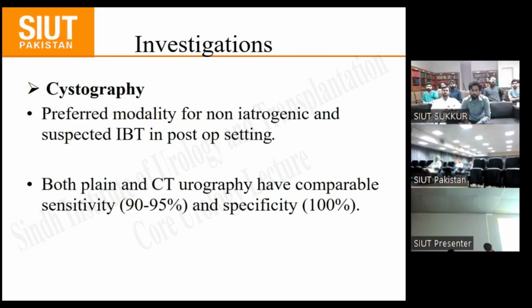Cystography is the preferred modality for non-iatrogenic and suspected iatrogenic bladder trauma in the post-op setting. Both plain and CT cystogram have comparable sensitivity, about 90 to 95%, and a specificity of 100% if performed in a proper way.